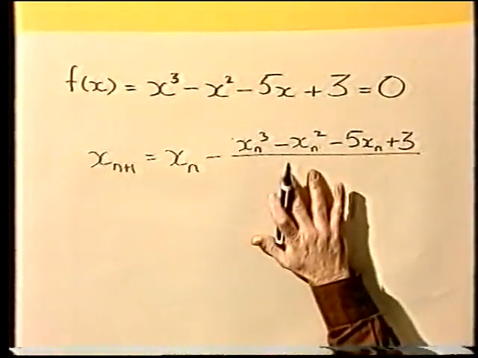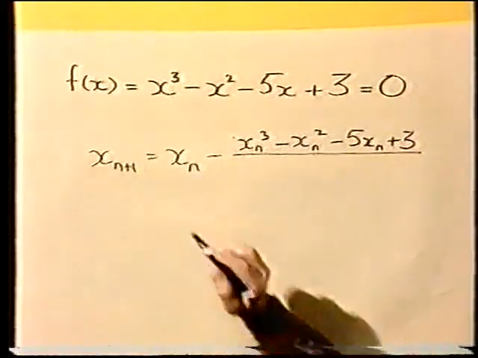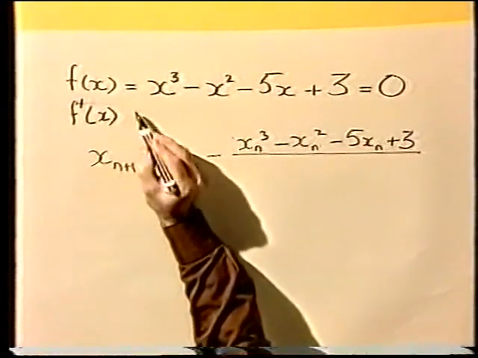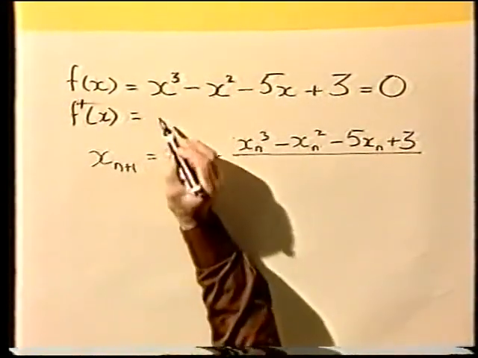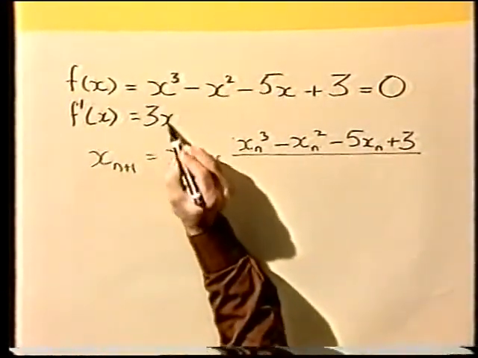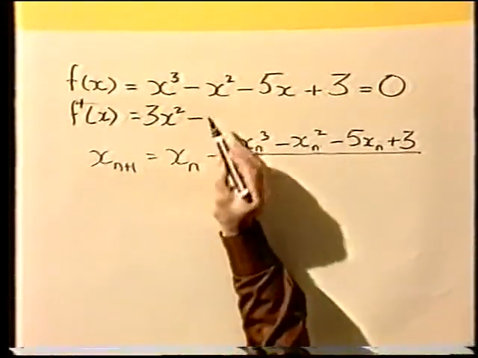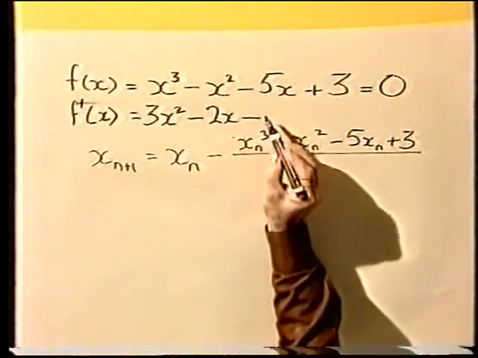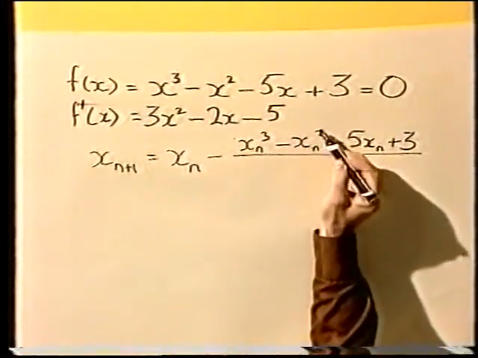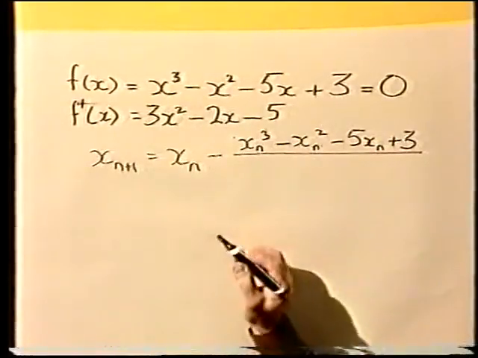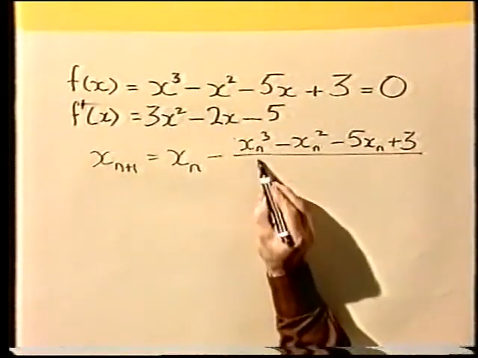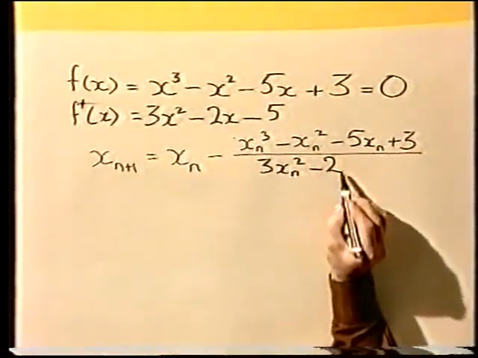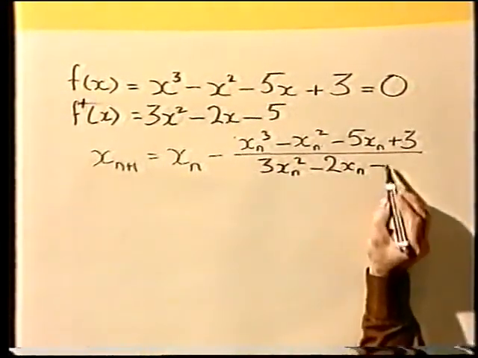But for this, I need f dashed of xn, so I'd better work out f dashed of x. Well, that's all right. x cubed gives me 3x squared. Then I've got minus 2x from this, minus 5 from that, and nothing from the last term. So f dashed of xn is 3xn squared minus 2xn minus 5.